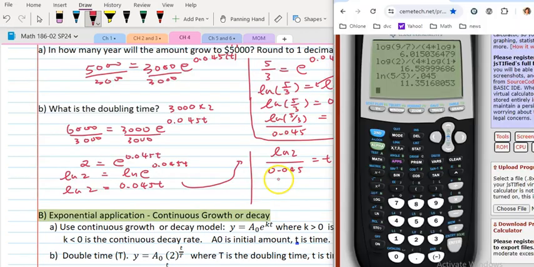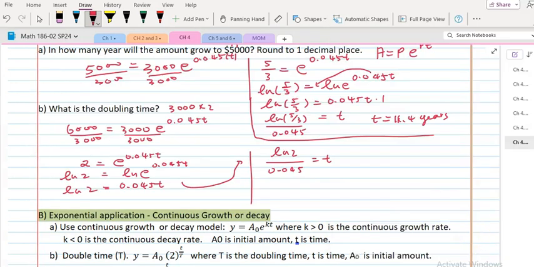As a matter of fact, this is a very good formula that you should know. ln 2, if you want the doubling time of any rate, you see it's just divided by the rate, right? 0.045, 15.4 years. So in 15 years, the investment is going to double.